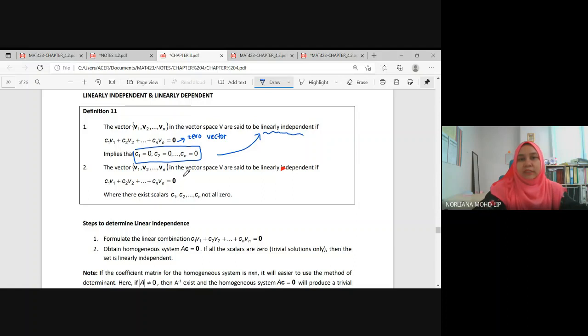Kita zero vector, ni zero vector. If C1, C2 until Cn not all zero. So not all zero dia adalah linearly dependent, atau we can call not linearly independent.